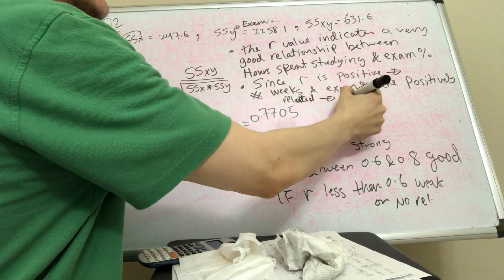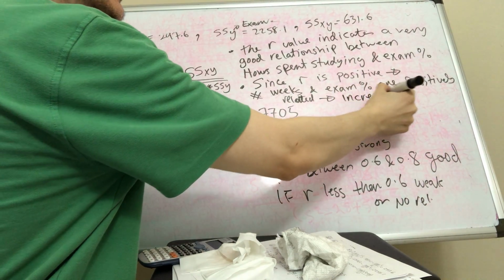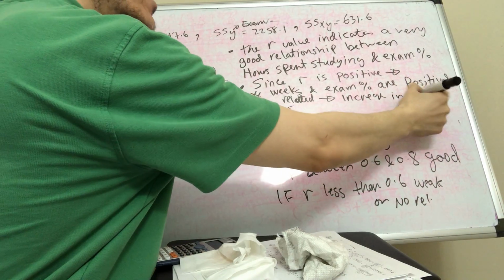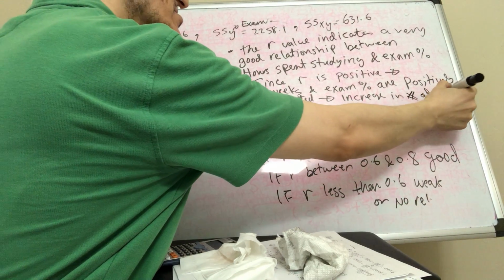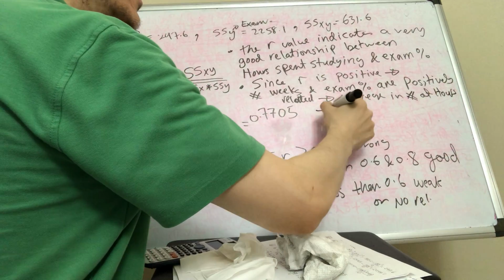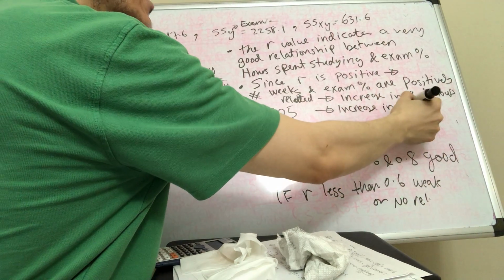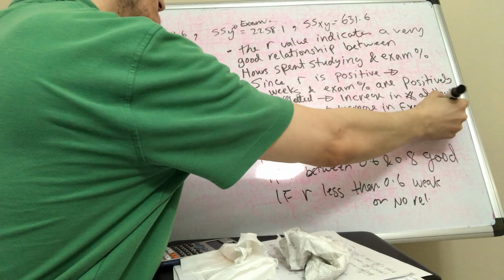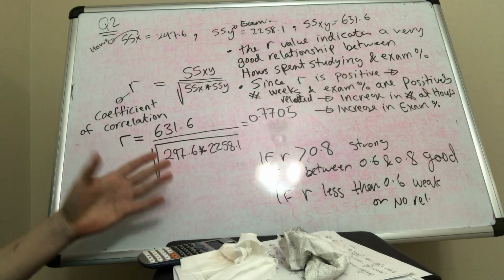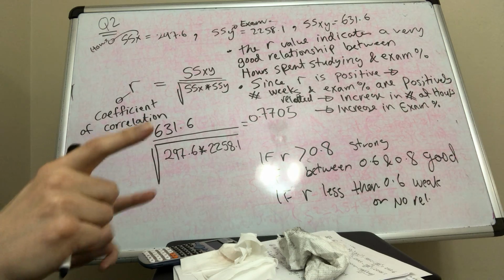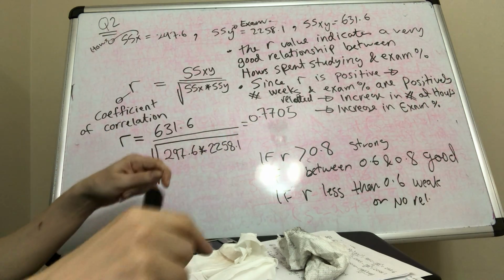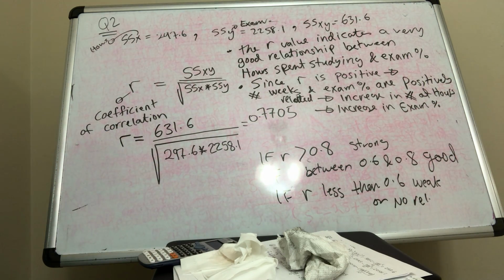Positively related means increase in number of hours lead to increase in exam percentage. So positive, that means that they go together. One increases, the other increases. One decreases, the other decreases.